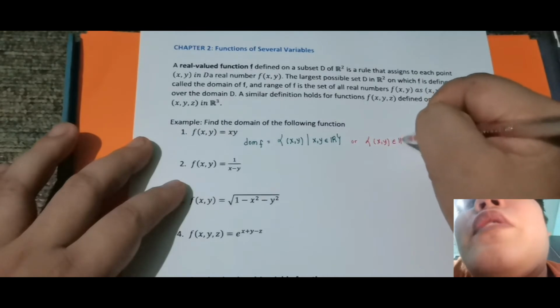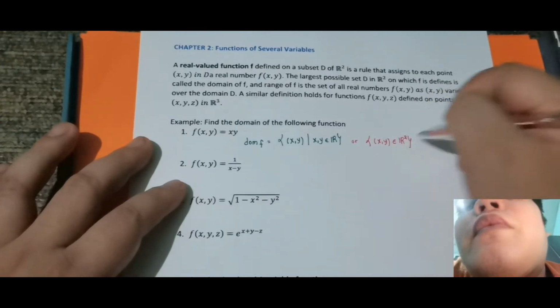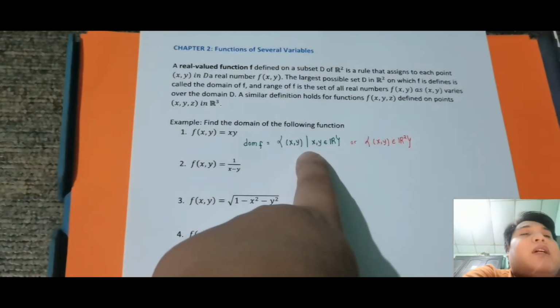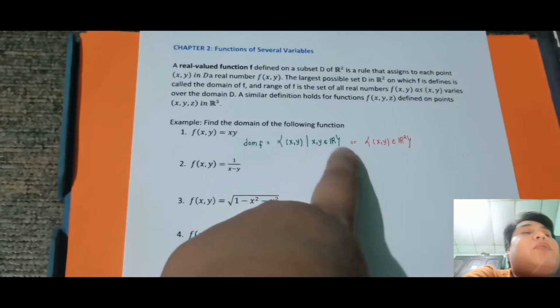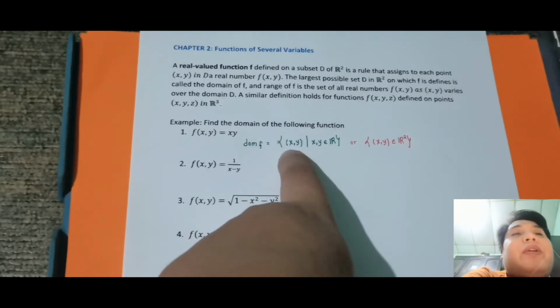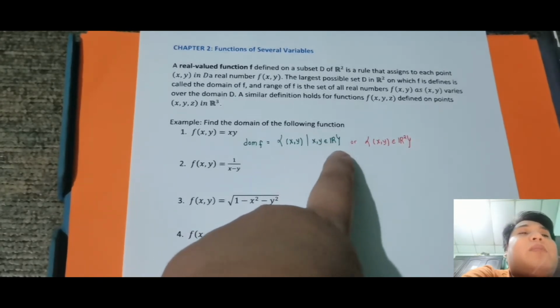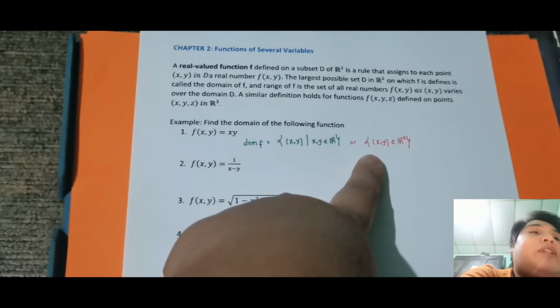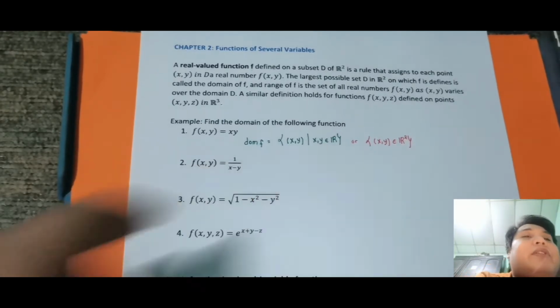Kumbaga, specific, ano yung x, ano yung y? Yung x and y are both real number. Sila yung ordered pair na kung saan yung x and y are both real number. Ito naman is x, y element ng R squared, so meaning nasa Euclidean plane siya, rectangular coordinate plane. Ordered pair siya.